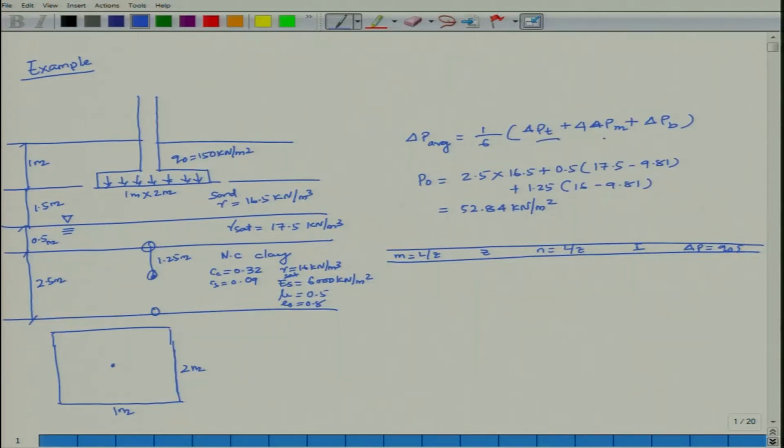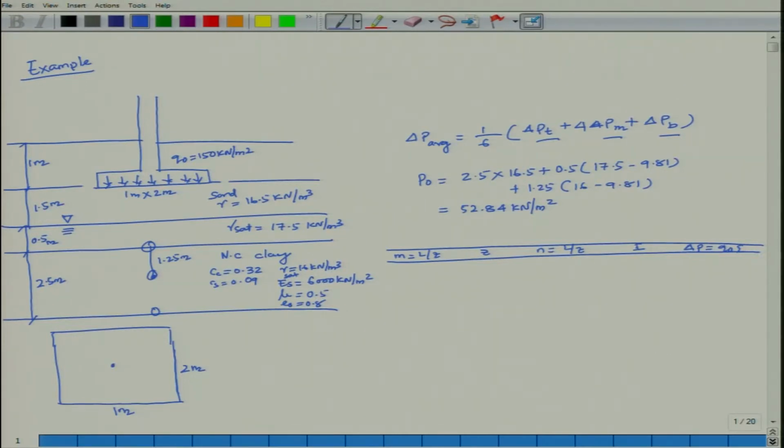If I take Z, what is the distance? Here Z is your 1.5 plus 0.5, so it is 2.